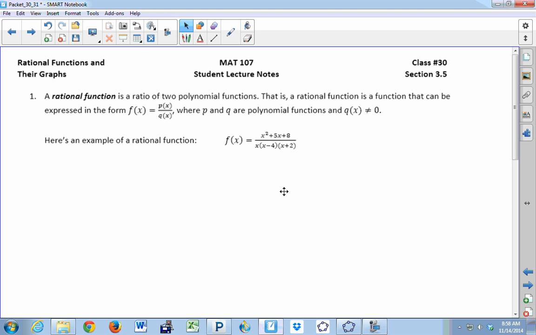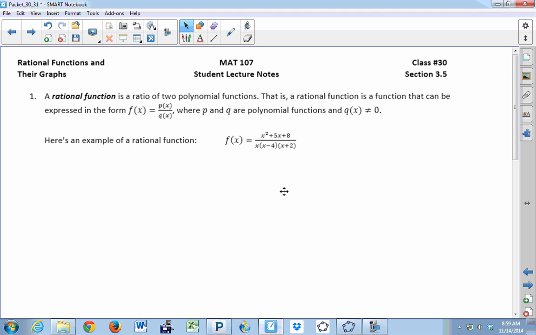Okay, so rational function. I hope by now when you see rational, you think of the word ratio, and then you think of the operation division. So prior to today, we've looked at rational numbers, which we call fractions sometimes, but even whole numbers, integers, can be written as rational numbers by dividing them by 1 or making them into an equivalent form.